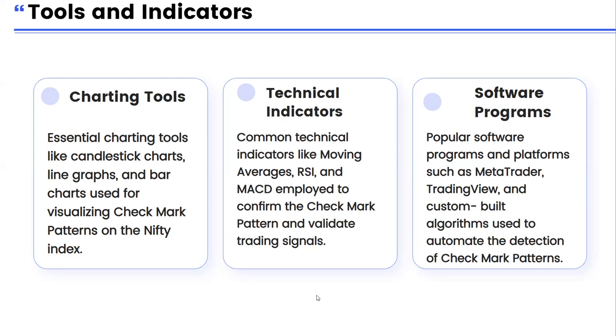And for technical indicators, you can use RSI, TWAP, and three-step future trends. You can use the trend-helping indicators that I have mentioned in my previous video, that is zigzag and the higher low, higher high formation indicator, which you can utilize for recognizing the checkmark pattern and validating trading signals.